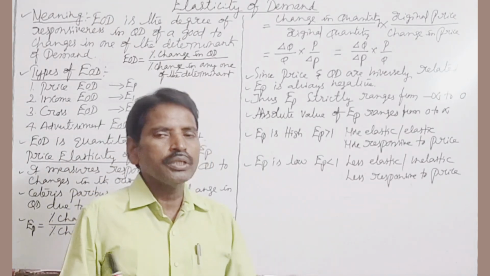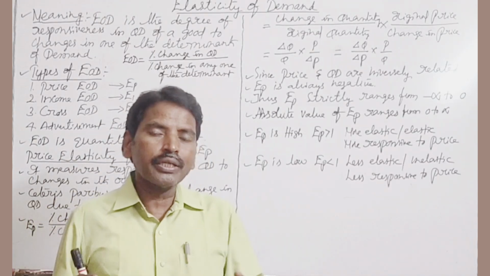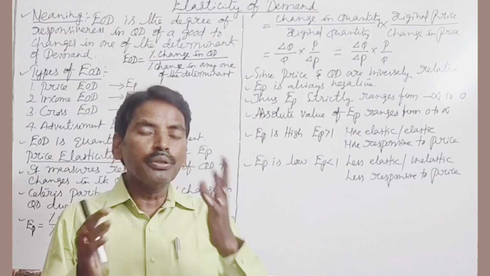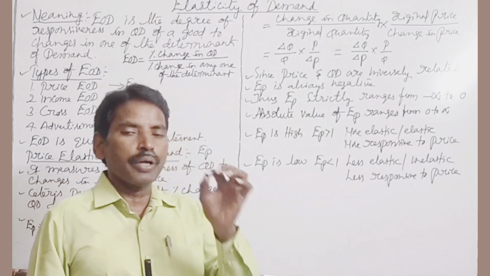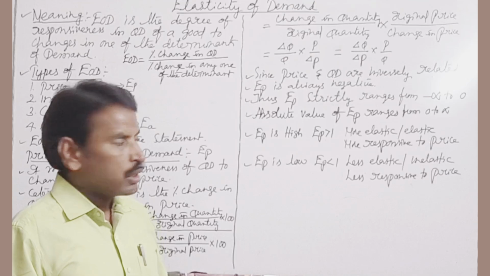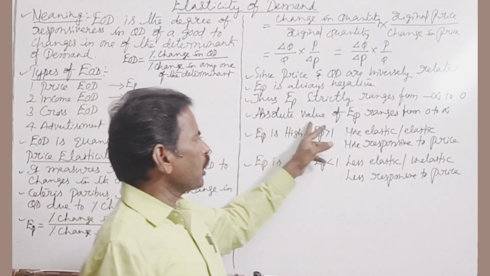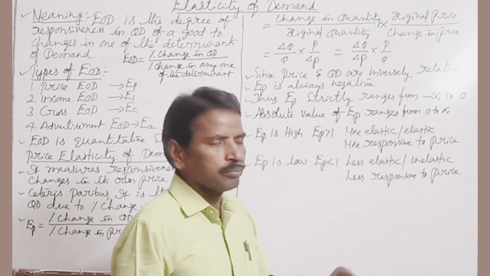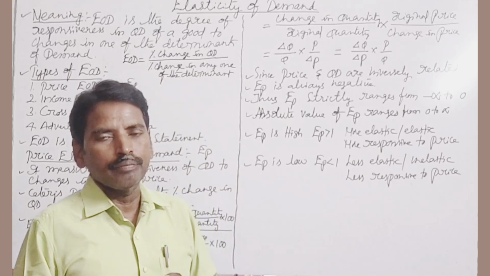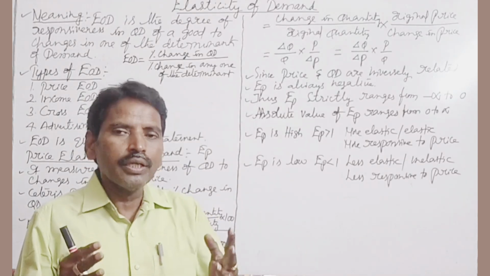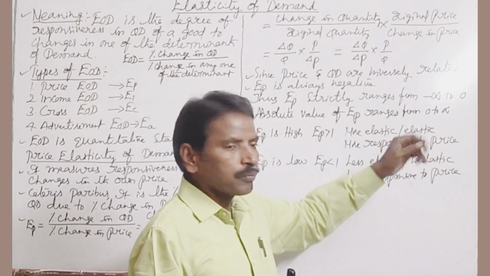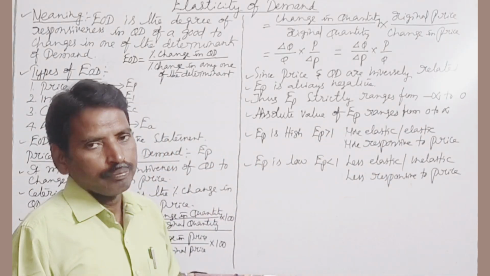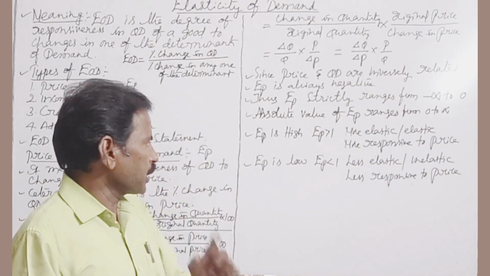But for the sake of convenience, we ignore the minus sign and express the absolute value of price elasticity of demand. So the absolute value of price elasticity EP ranges from 0 to infinity. It's very clear.